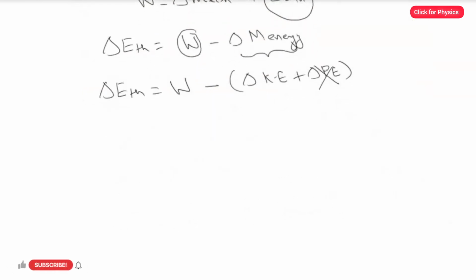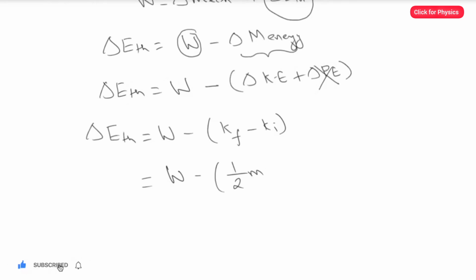So now I have to expand this formula by substituting the formula for the kinetic energy. By that, this equation becomes: change in thermal energy is equal to work done minus (kinetic energy final minus kinetic energy initial). Now I am going to substitute the formula here: work done minus (half m v final square minus half m v initial square).